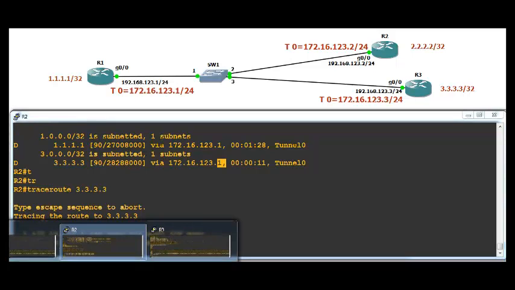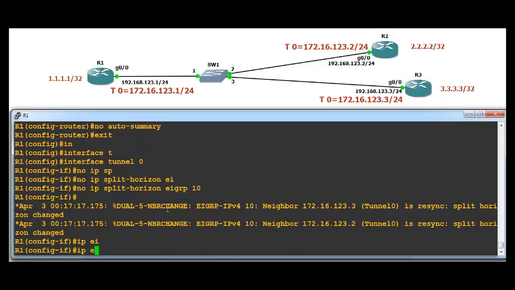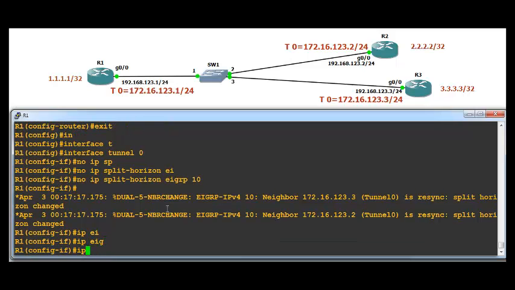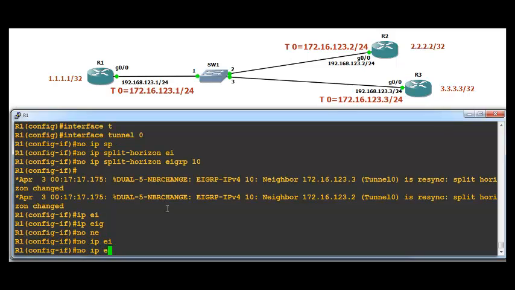To do that, on the hub router, I need to say no ip next-hop-self eigrp.